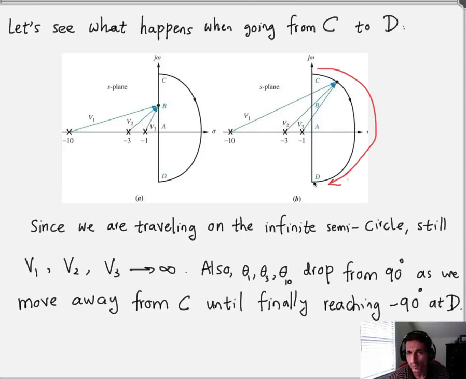And when you get close to D, and again remember that D would go to negative infinity, these phase angles would be negative 90, negative 90, and negative 90.